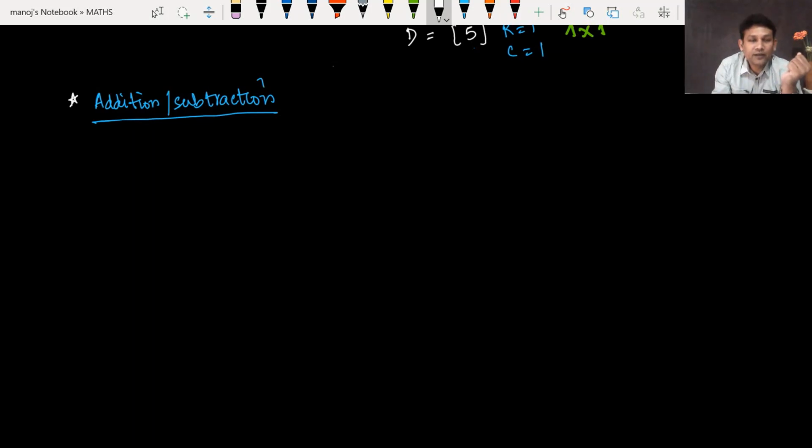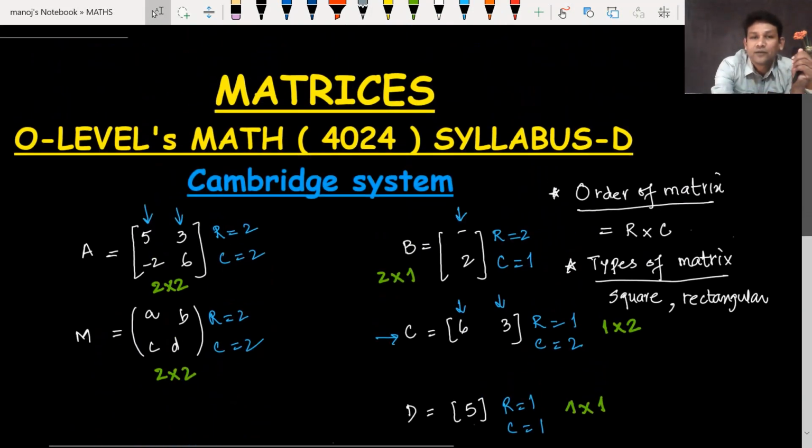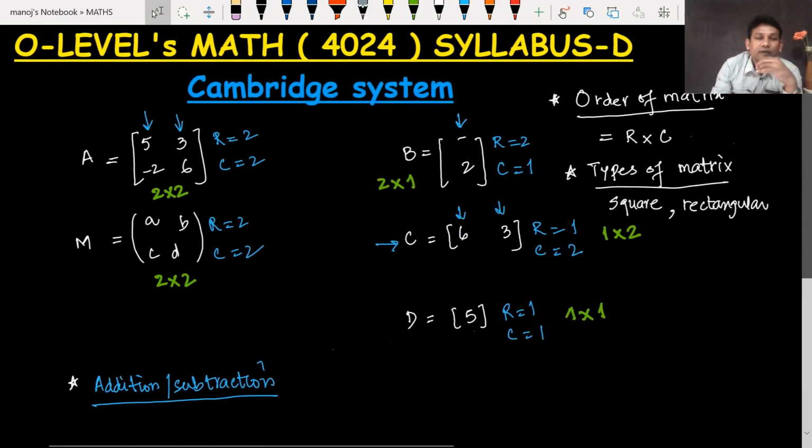Take the same example here, matrix A and matrix M. When the order of two matrices is the same, we can add or subtract. There are 4 members and 4 members, the orders are the same, so we can do the addition and subtraction. Like B and C, we cannot do the addition. A and C, we cannot do the addition, and B and D, we cannot do the addition.